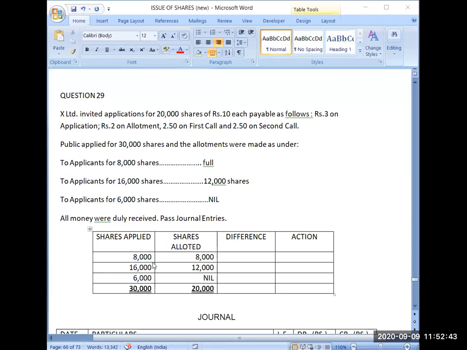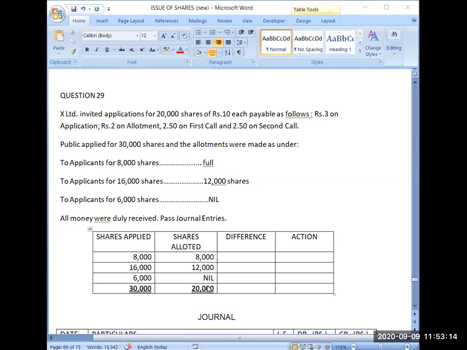Now, first check the totals. You have to find out whether any information is missing in this question. First check the totals, whether the totals are correct now. So 8 plus 16 plus 6, it is 30. My total is valid. 8 plus 12, 20. So no information is missing.